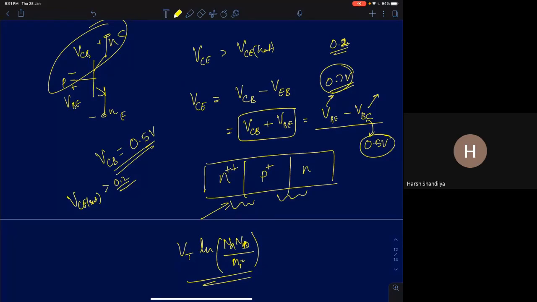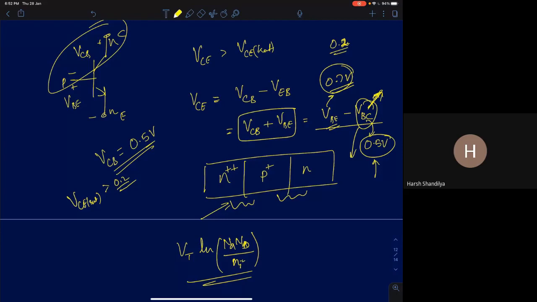So now if I assume base collector is in the forward region, then VCE becomes 0.2. When VCE SAT is 0.2, then the transistor is on the brink of saturation. It's just on the brink, right? This device is also about to conduct and this is also conducting. Now, if this goes deeper into conduction, which means if VBC becomes greater than 0.5, VCE will become less than 0.2.